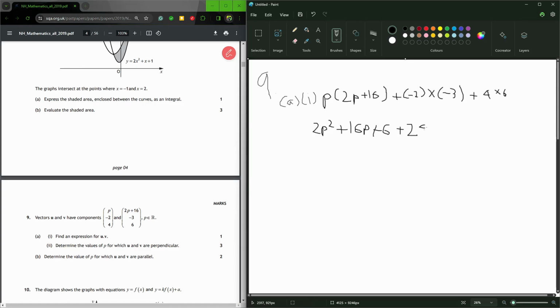This is looking like a quadratic, but let's simplify it. 6 plus 24, that's 30. This is called collecting like terms. And there we are, a nice wee quadratic equation. We just need to find an expression, we don't need to do anything with it, which is why it's only 1 mark. So we can move on to the second bit.